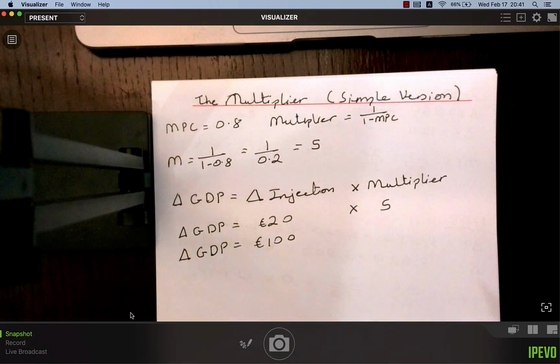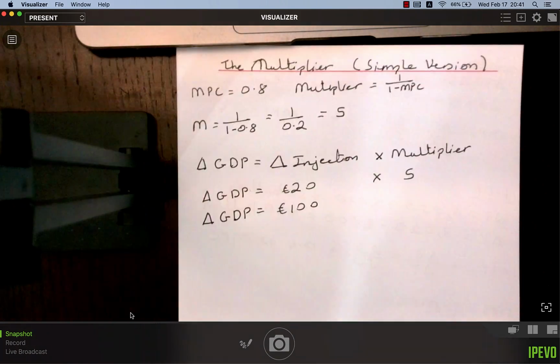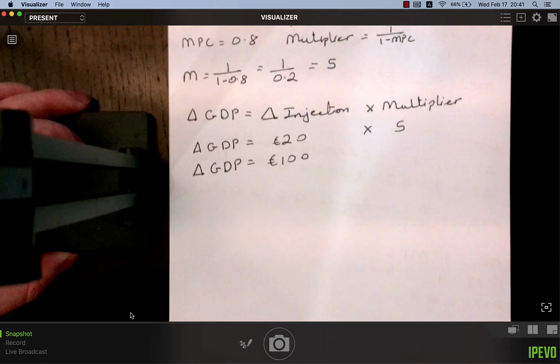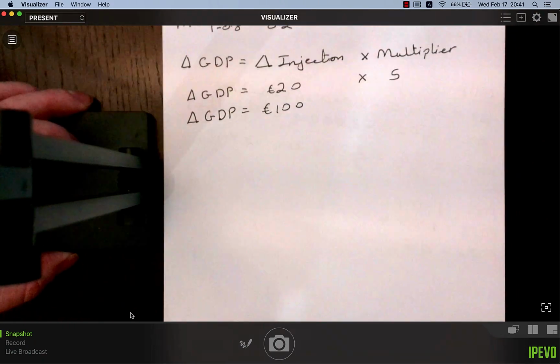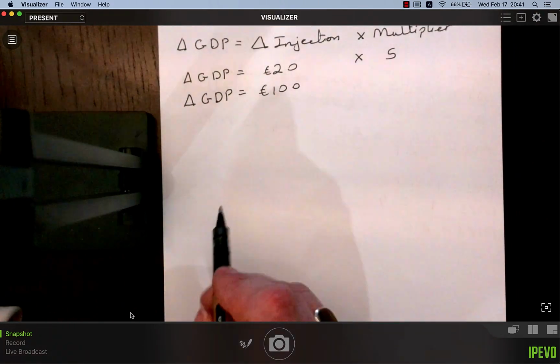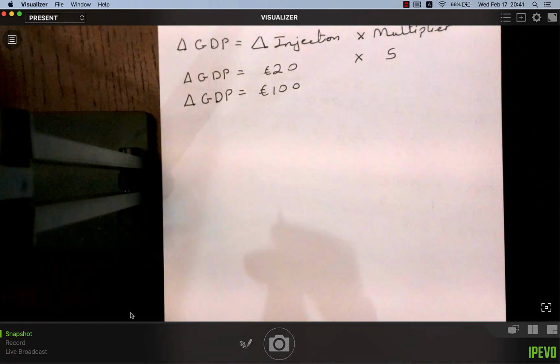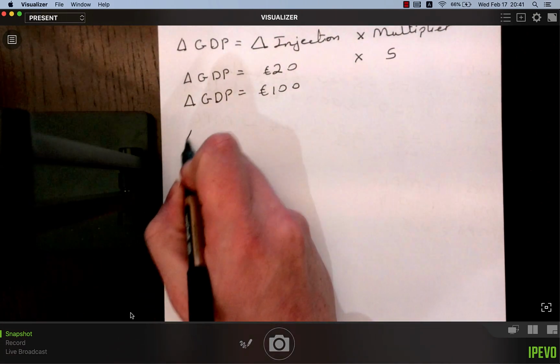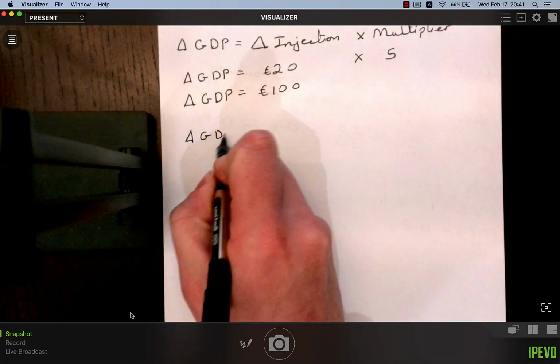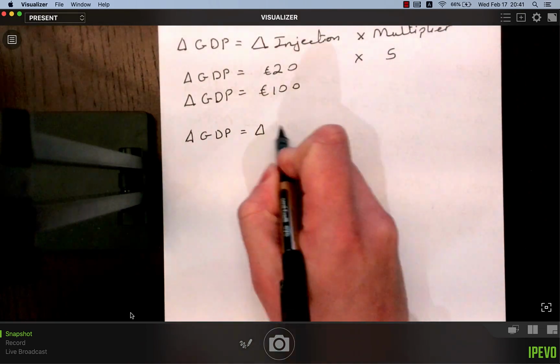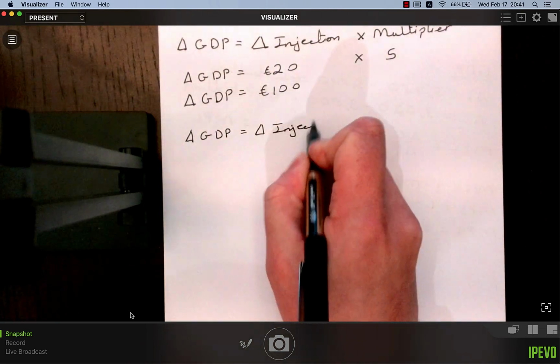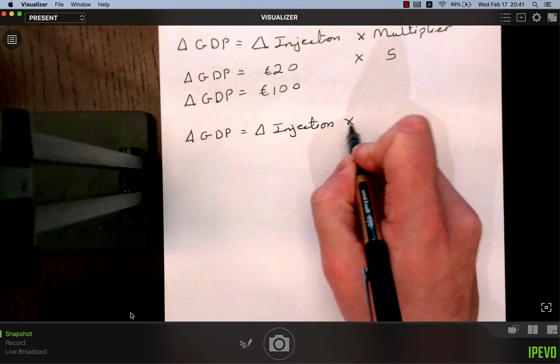Now while we're here, I will do an important one that does come up. If I write down the formula again, the change in GDP equals the change in the injection multiplied by the multiplier.